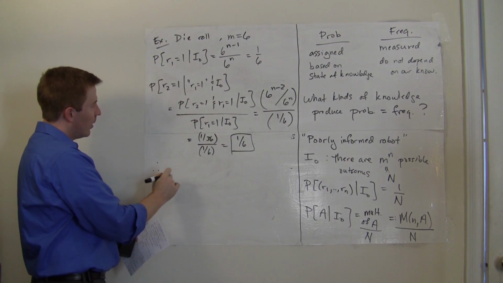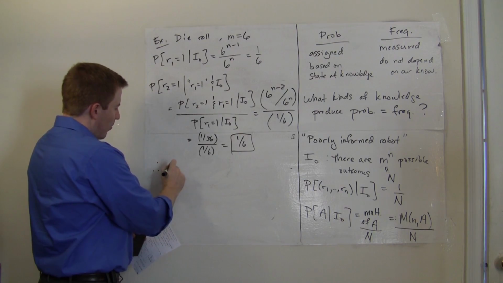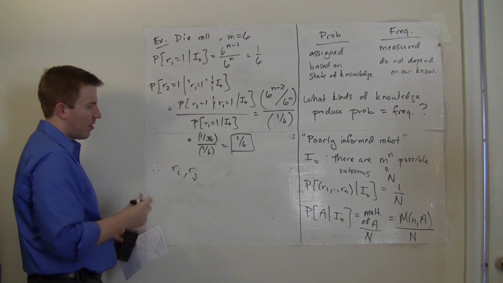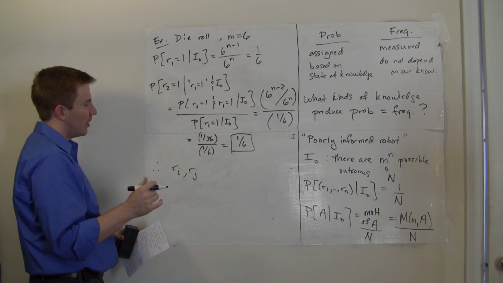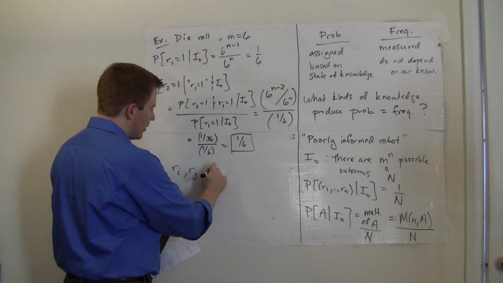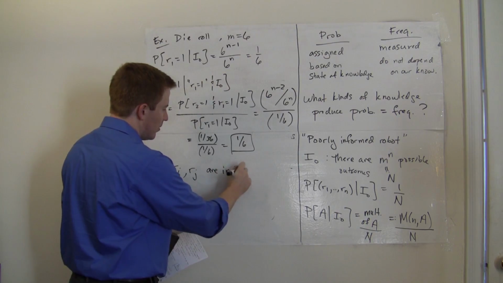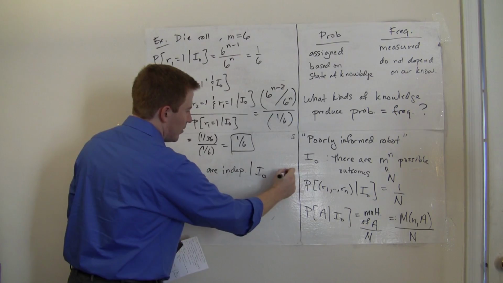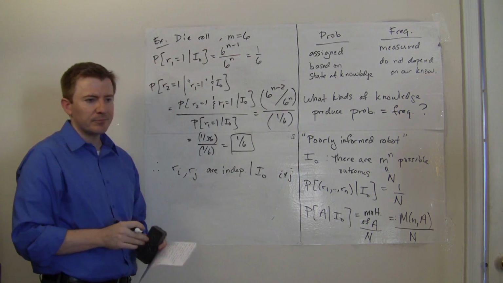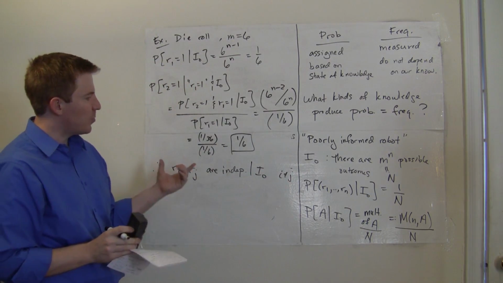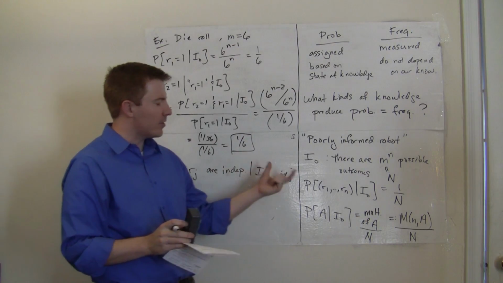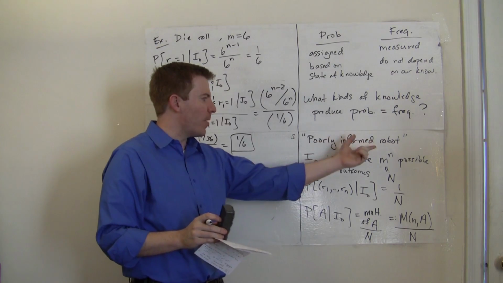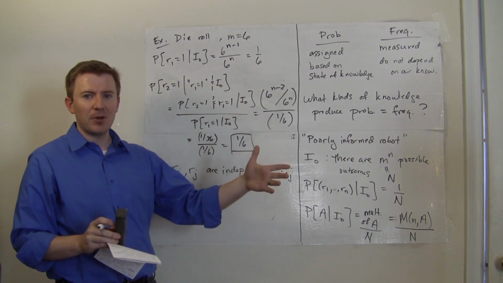So what we'll actually see after extending this a little bit and thinking it through is that any two rolls that we're interested in, let's say Ri and Rj, for any pair i and j with i not equal to j, these things are independent, conditional on I0. Again, not too surprising, but you can think it through just by saying that this robot has no knowledge of what's going on.